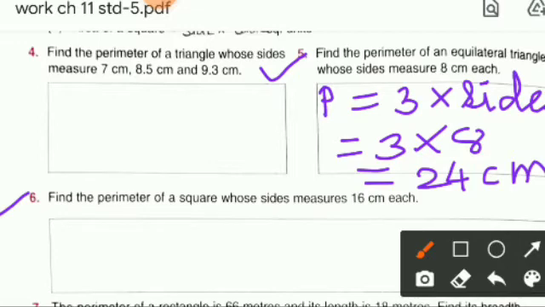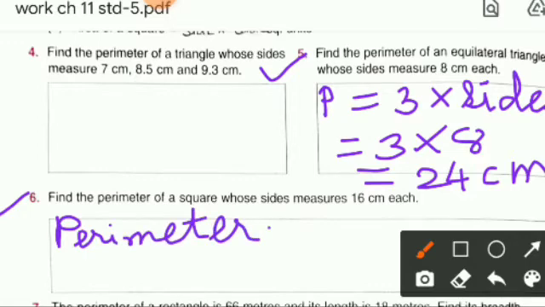Here we have to find out the perimeter of a square, and the side is given here, 16 cm. Question number 6: find the perimeter of a square whose sides measure 16 cm each. So here we have to use the formula perimeter is equal to 4 into side. So perimeter of a square is equal to 4 into side.